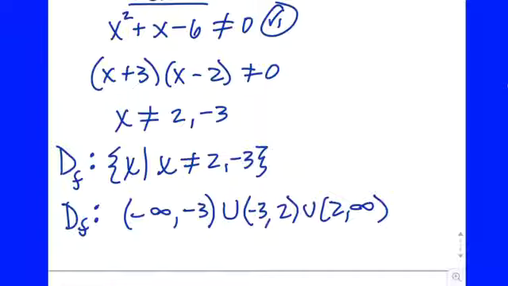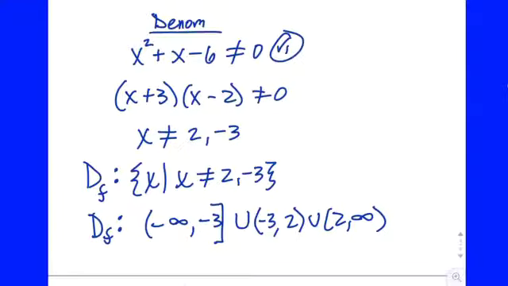Yes, ma'am? Okay, let's see. If I put a bracket right here, that means that I'm going to go up to -3 and include -3. A bracket is like an equal sign. Do we want to include -3? No, it causes division by 0. So we put a parenthesis.